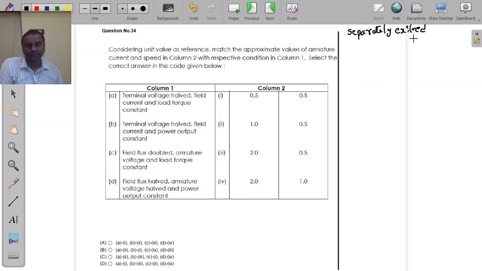Torque equals K phi Ia and induced EMF equals K phi omega.